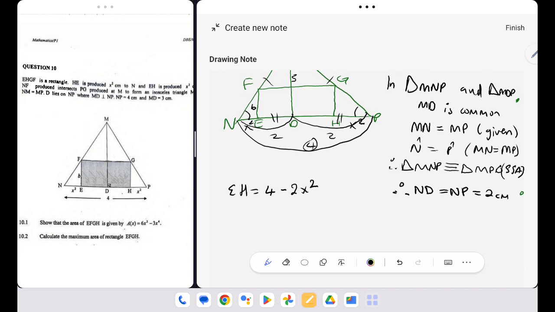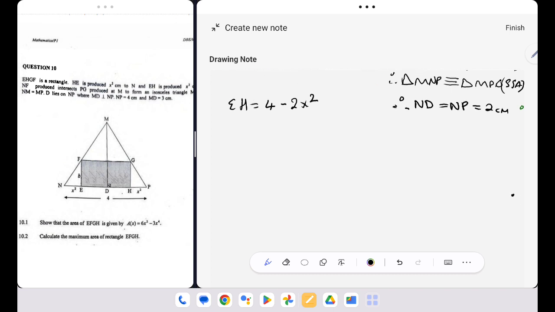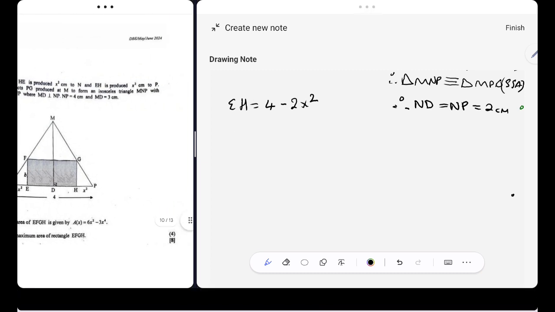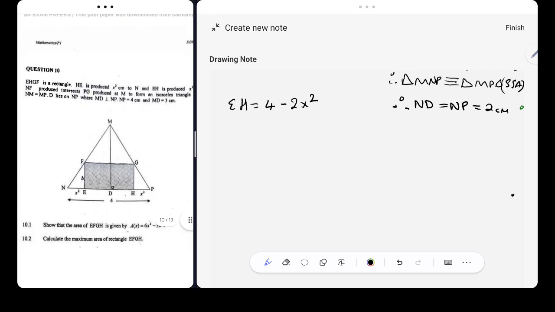Are we together? And then for FE, what can I do for FE? I must use my ratios. Guys, I'm sorry that I have to write a lot of things for 4 marks, but I want you to understand everything.